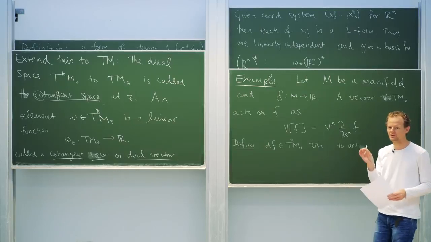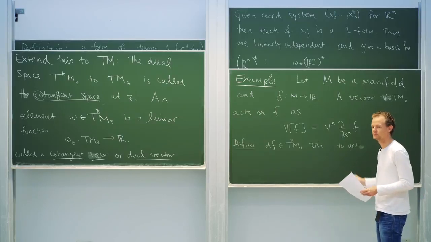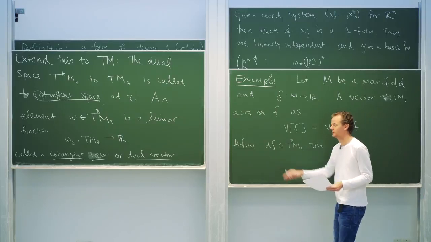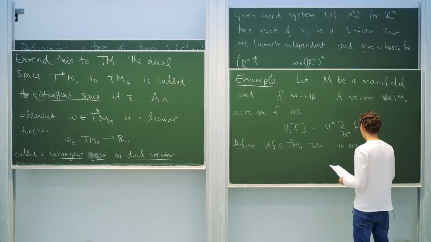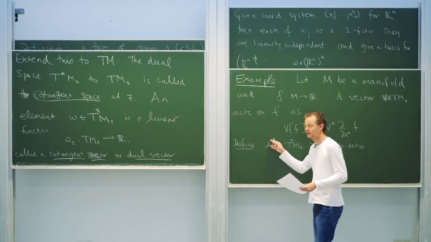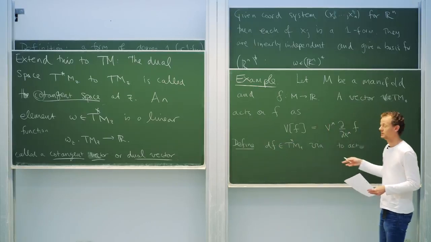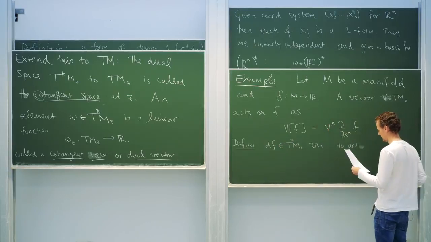So df is like the increment, right? If you change a many variable function by a little bit in terms of its arguments, then df tells you the change in the function. But here we're going to define this symbol here to act on tangent vectors. And how do we do it?